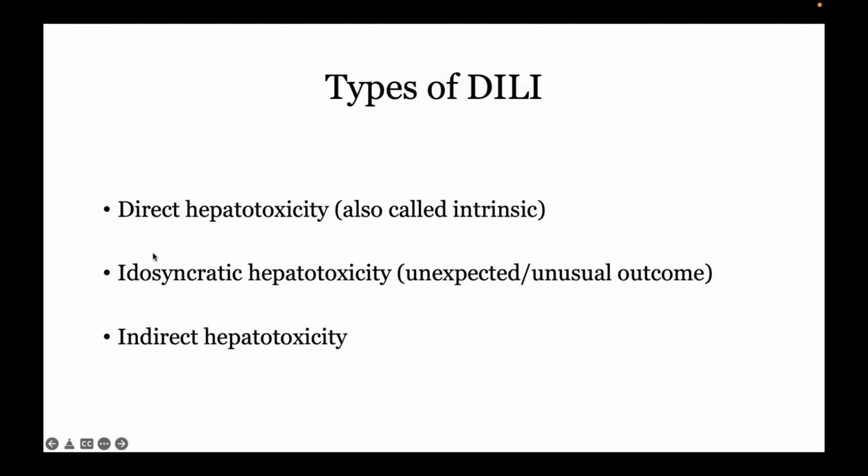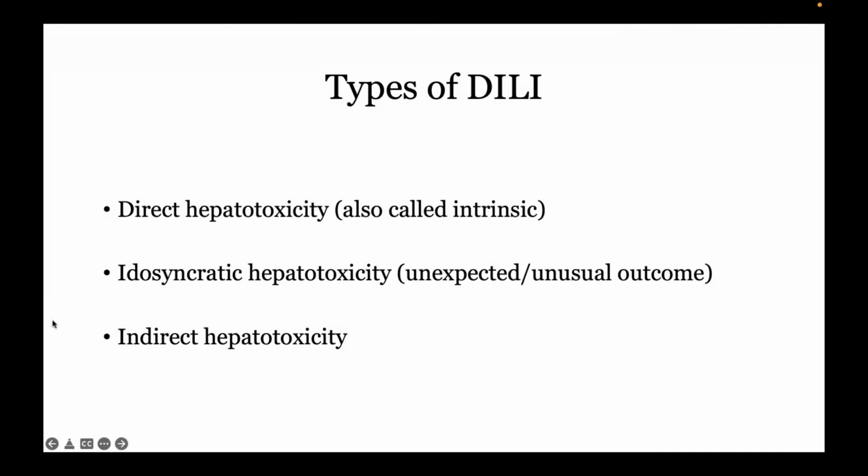The other one that is important for us to know, and you will hear about it a lot, is idiosyncratic hepatotoxicity. It's just a fancy word for an unexpected reaction or an unusual outcome. So this is not an expected direct hepatotoxicity of the drug itself, but more of an unusual reaction to the drug, which can be a manifestation of the environment or the patient's own genetics, epigenetics.